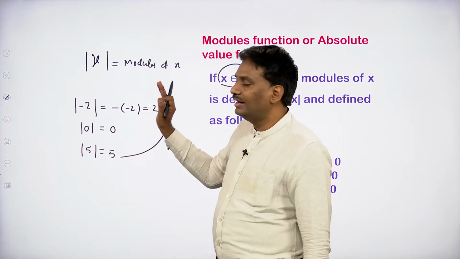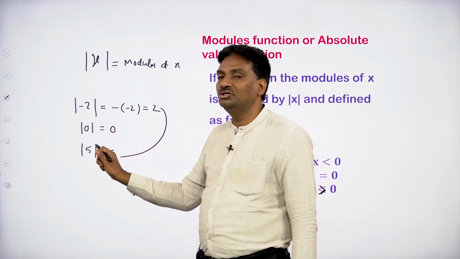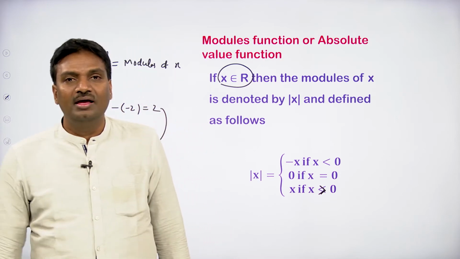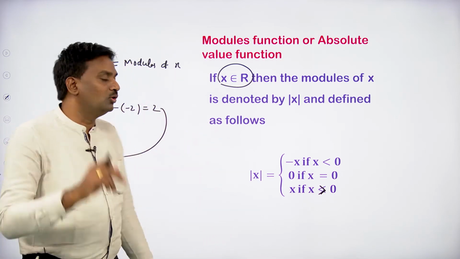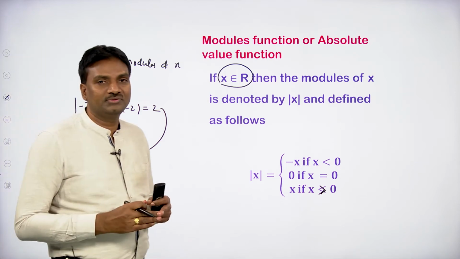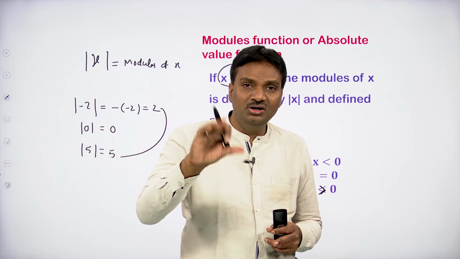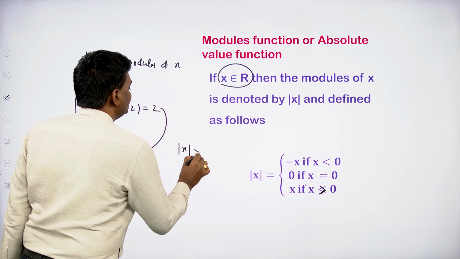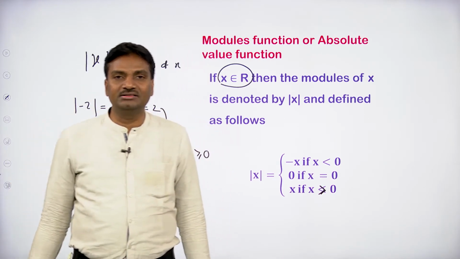So whatever the number x may be, negative or positive, modulus of x is always positive, but if you take 0, modulus of 0 equals 0. So the modulus of x is either 0 or positive. So clearly we can say modulus of x is greater than or equal to 0.